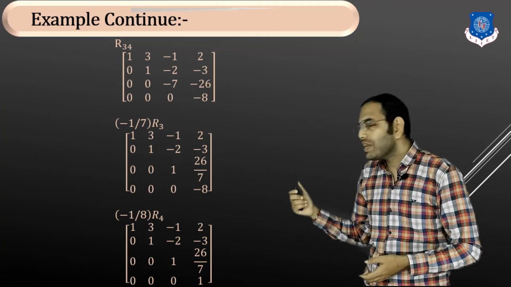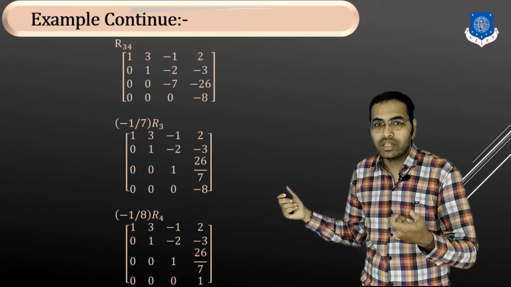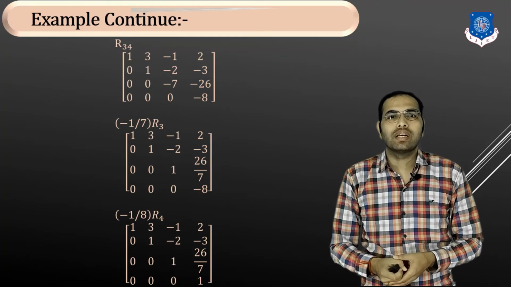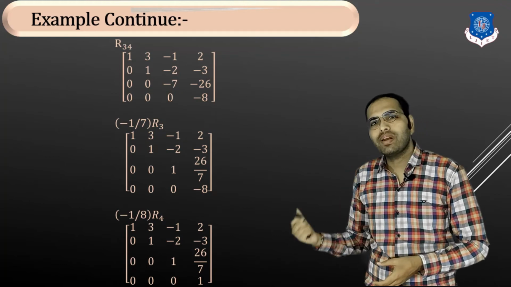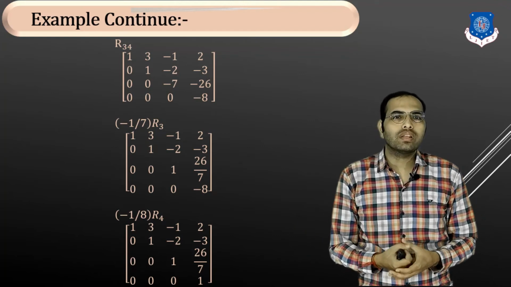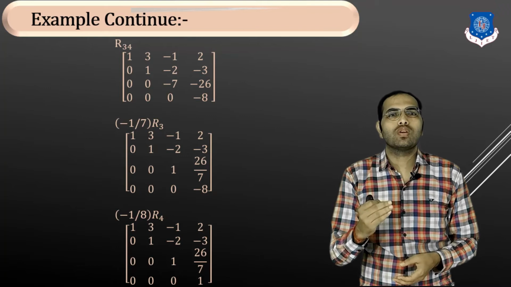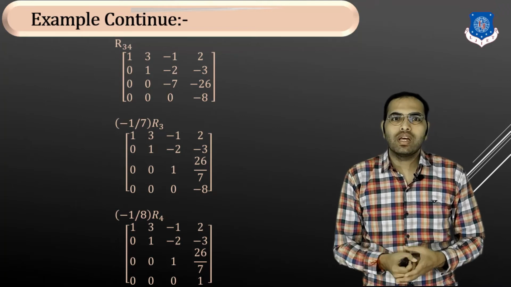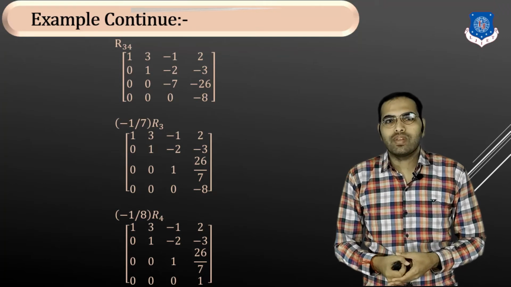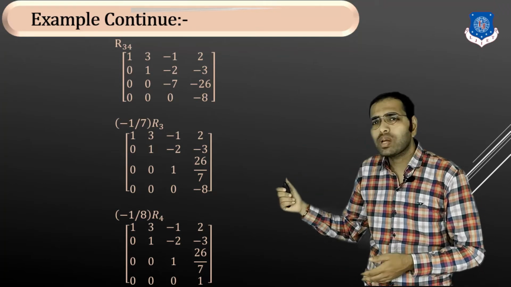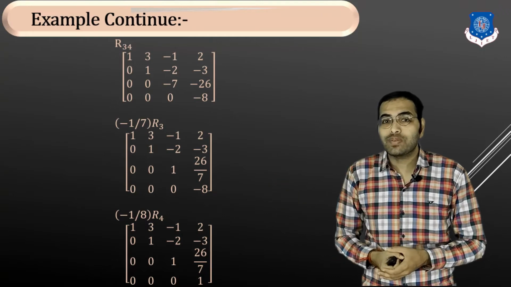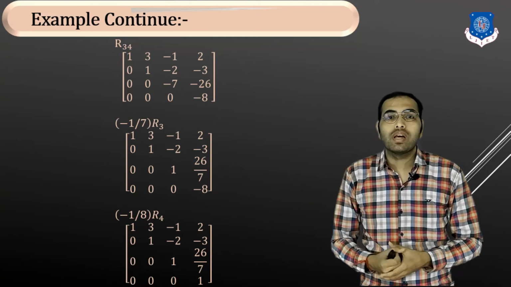Here the leading element was not 1, so multiply R3 by minus 1 by 7. Then our matrix becomes 1 3 minus 1 2, 0 1 minus 2 minus 3, 0 0 1 26 by 7, 0 0 0 minus 8. Now the first three rows satisfy all the conditions, but the fourth row does not.